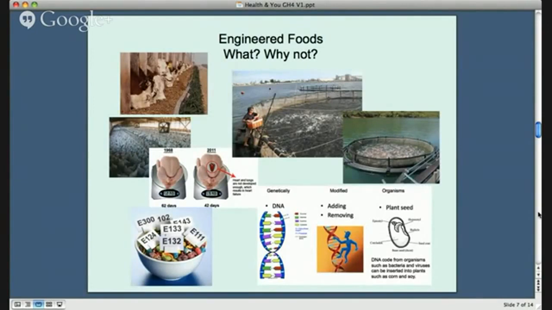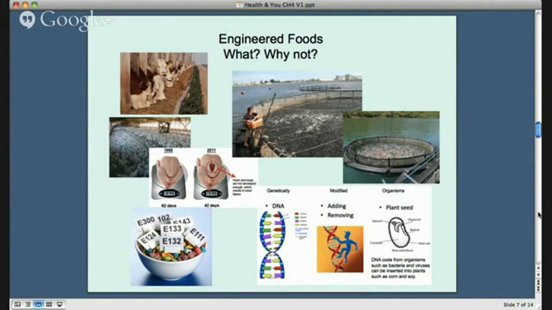Now, moving across to the engineered foods, and in here I include GMOs. I'm including grain-fed chickens, grain-fed cattle, grain-fed fish, which in a lot of those situations, the grains and the foods that they're fed are GMO.